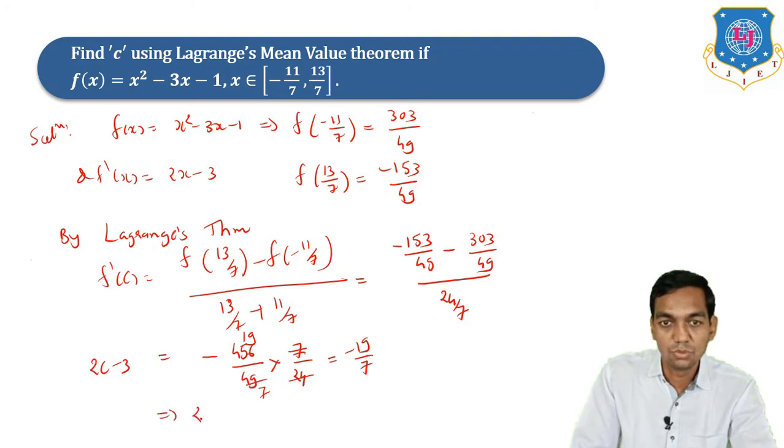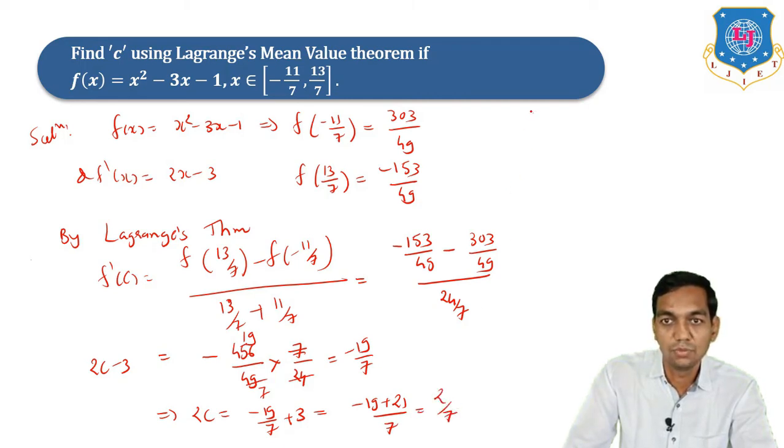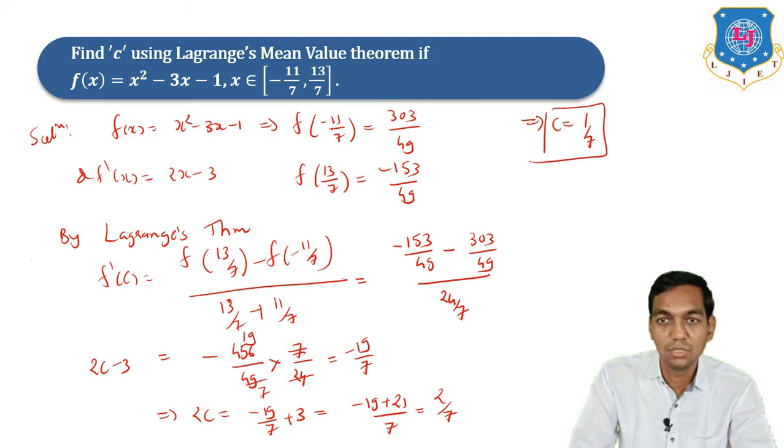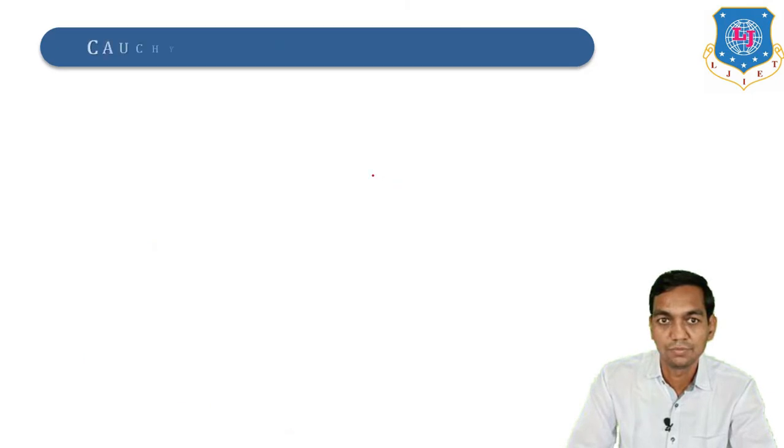That will give you 2c = -19/7 + 3, that means (-19 + 21)/7, so 2/7, and therefore c = 1/7. And this is in our interval -11/7 to 13/7. So this is the required solution.